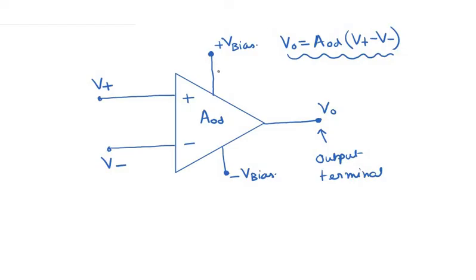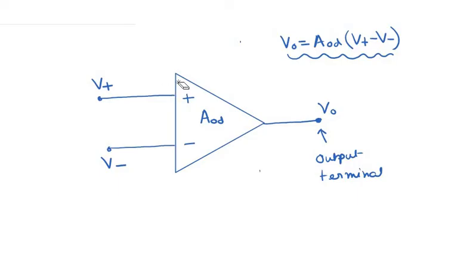Let me also mention that for most of our calculations we would not show the plus V bias and minus V bias in the equivalent diagram of an op amp. It is already implied that the biasing voltages are applied.